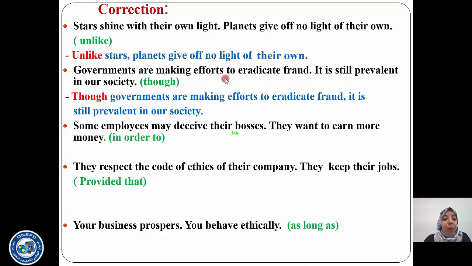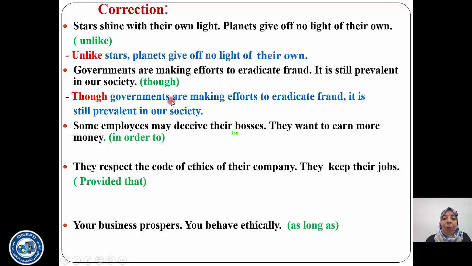Say, "Though governments are making effort to eradicate fraud," comma, okay, pay attention to the punctuation, and since you change the full stop into a comma, you have to remove the capital letter. Pay attention to all these details, it's very important. "Though governments are making effort to eradicate fraud, it's still prevalent in our society."